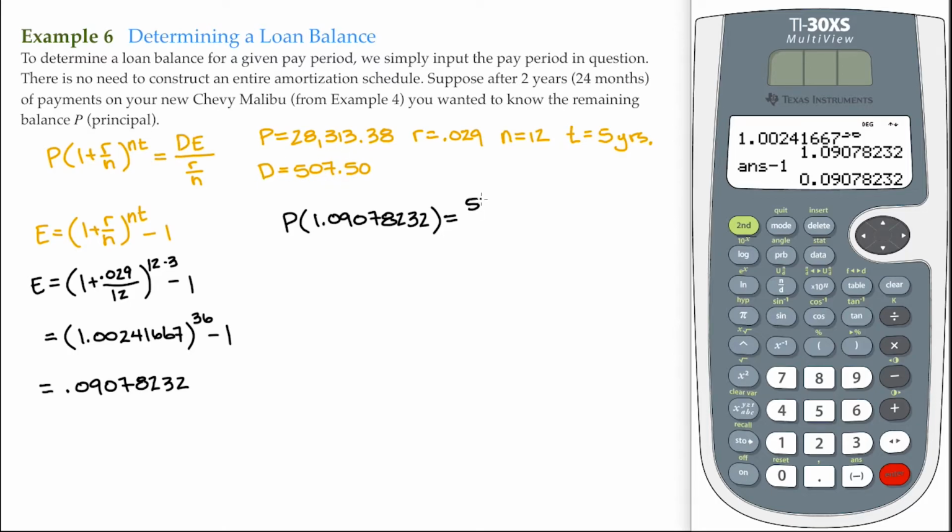We're paying $507.50 a month. Multiply that by E. That's this minus 1, or here it is right down here. And of course, we divide that by R over N. That's right here.